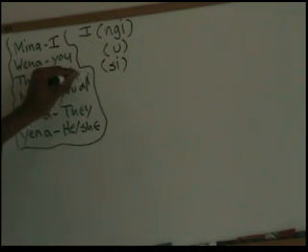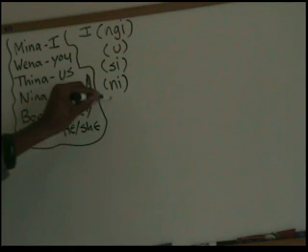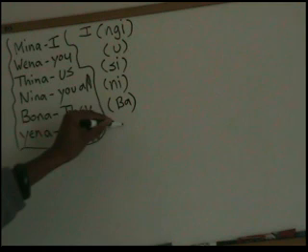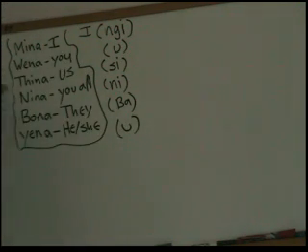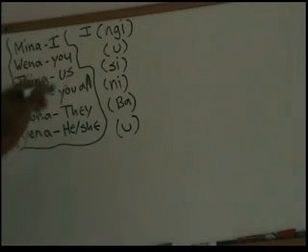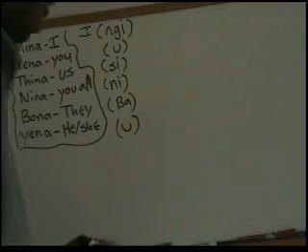Nina, you all, will be Ni. Bona will be Ba. Yena will be U, pretty much the same as Wena. So Wena and Yena both have the same subject concord.